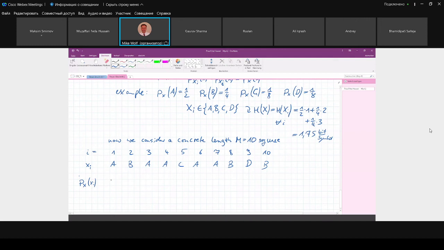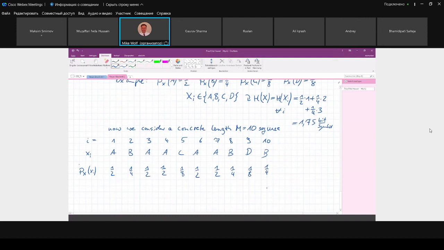So this is 1/2. The probability of a B is 1/4. The probability of an A is 1/2, 1/2. The probability of a C is 1/8. And so on: 1/2, 1/2, 1/4, 1/8, 1/4, right? And now we measure here the information content of this concrete value, which depends on the probability of this value.